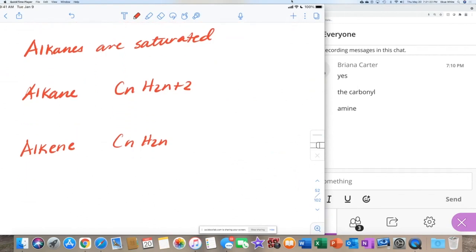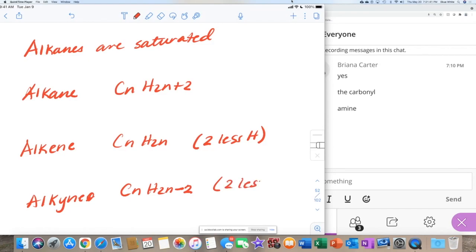And then alkynes have 2 less hydrogens. I'm going to write here 2 less hydrogens. Then alkynes also have 2 less hydrogens. So with alkynes, the general formula is CnH2n minus 2. So these have 2 less hydrogens than alkenes.